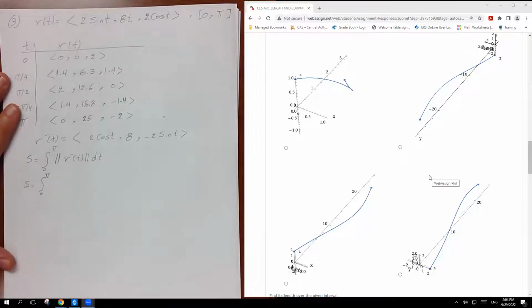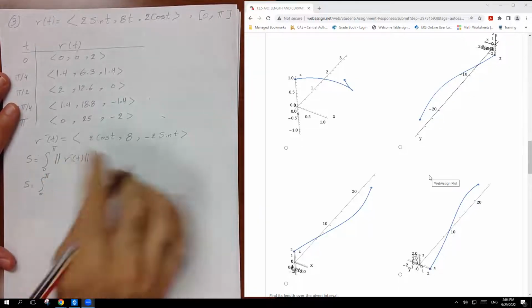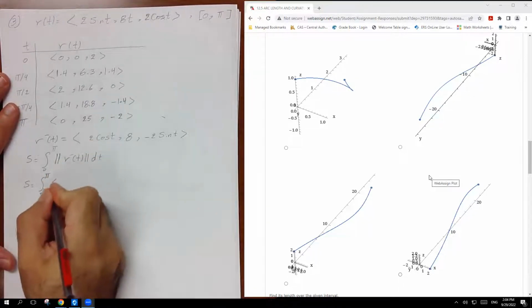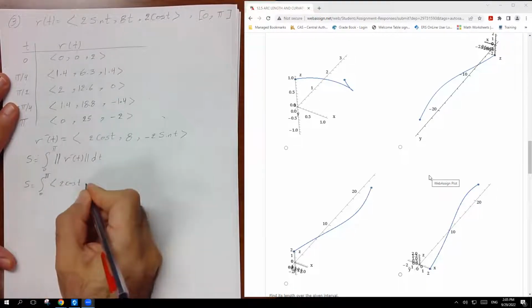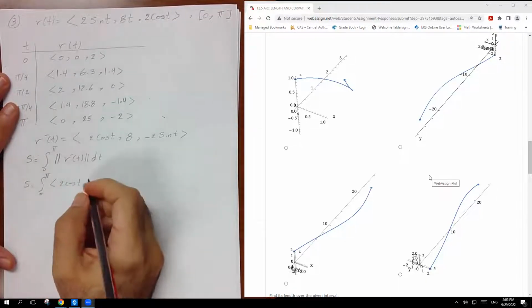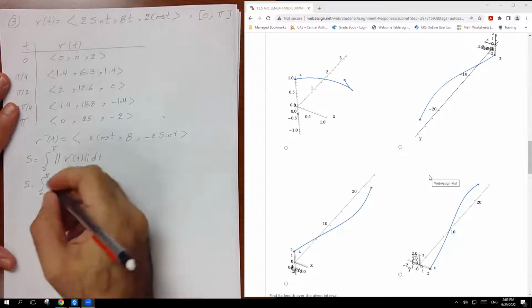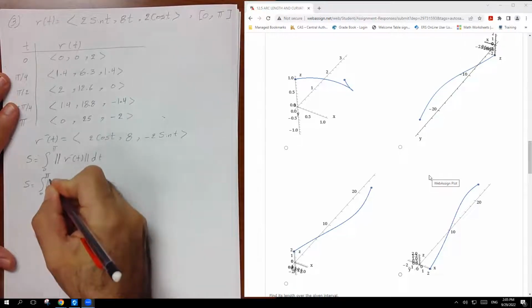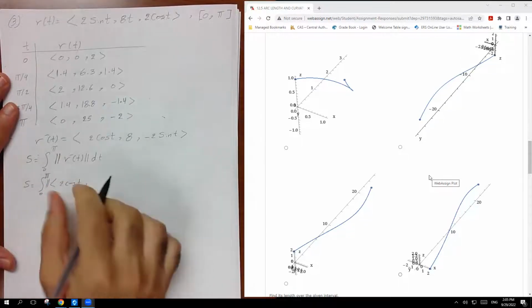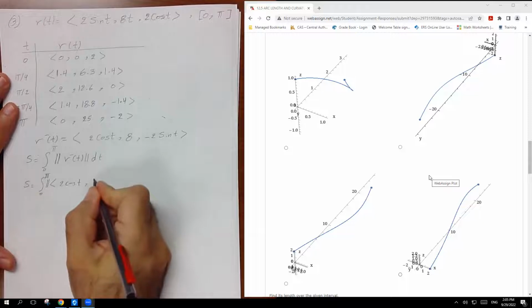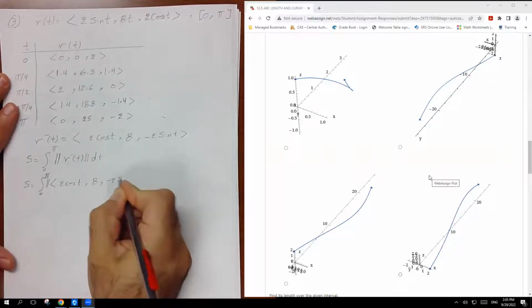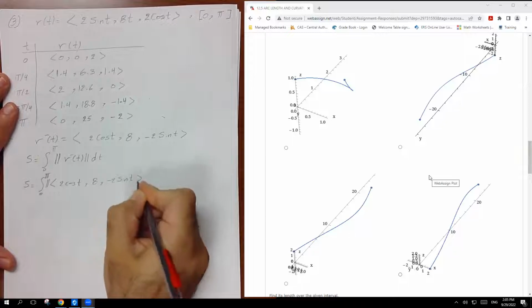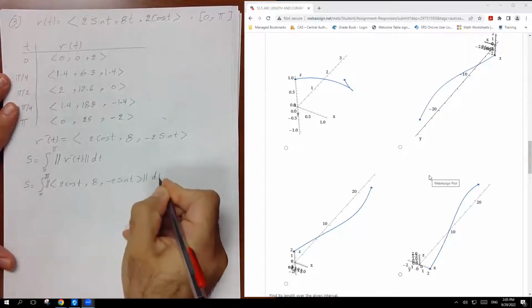In fact, it's the length, not just the integral. So I'm going to take the length first, for 2 cosine t, and for the 8, and for -2 sine t, dt.